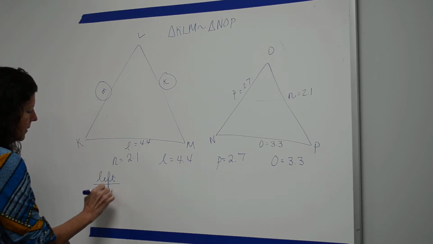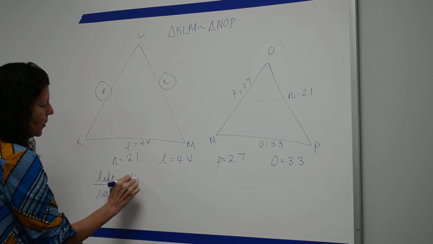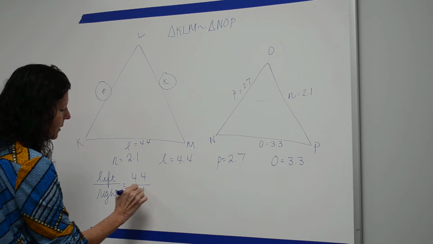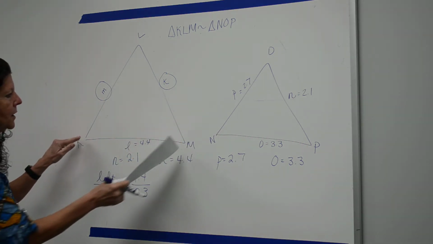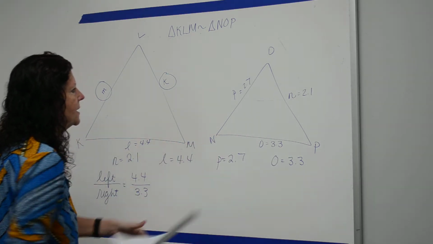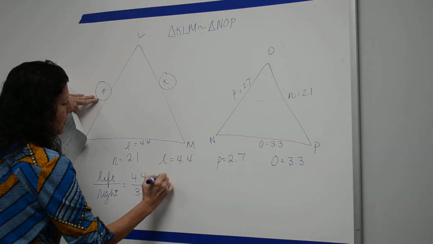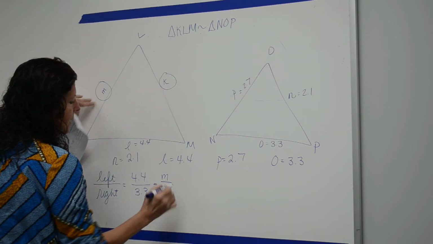So on the left side, 4.4 corresponds to the 3.3. They're both on the bottom of the triangle, okay? And I know that this side is proportional to this side. Then let's say I want to find the m. The m on the top is proportional to the 2.7 right there.